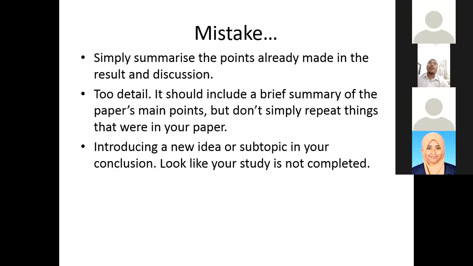For example, they say chapter 1 found this, chapter 2 found this, chapter 3 we found this, chapter 4 we found this. So you should not do that, because the conclusion is not the place where you summarize. You repeat again the same statements that you wrote in the result and discussion.